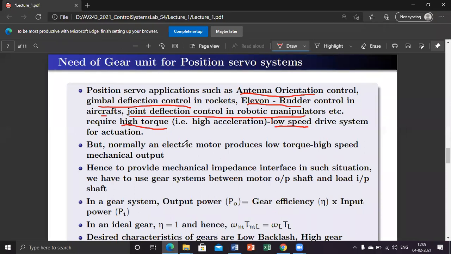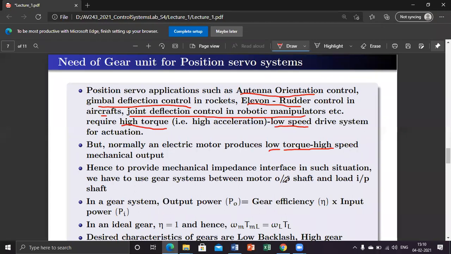So what we expect from an electromechanical actuator is low speed, high torque. But normally electric motors produce low torque, high speed. Torque will be less and speed will be more. You know that the torque is given by kT into Im.